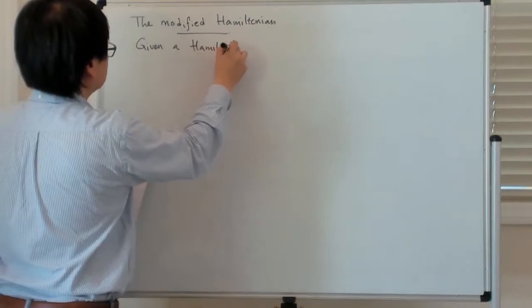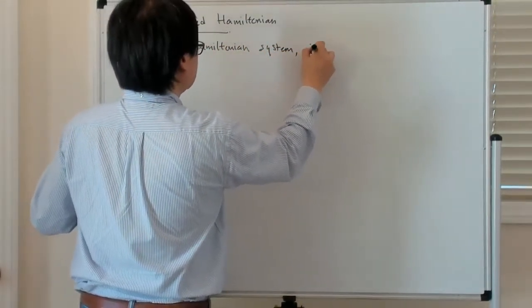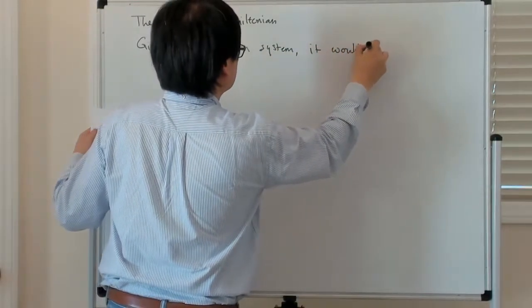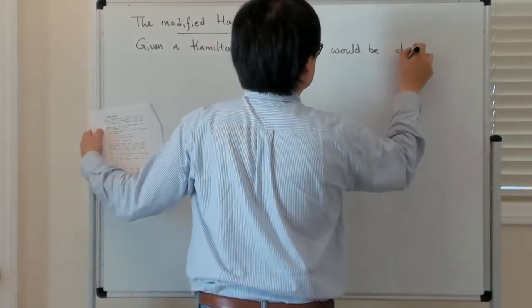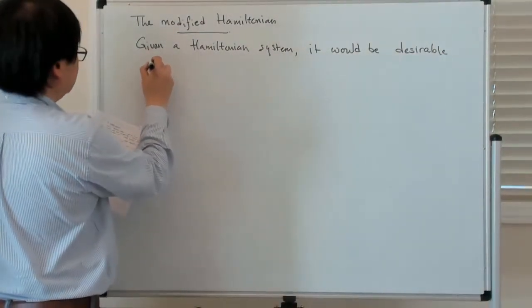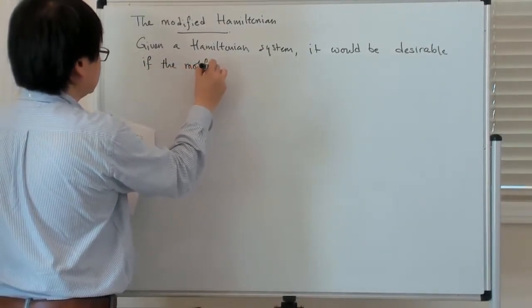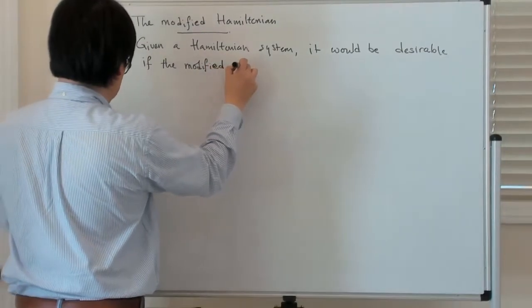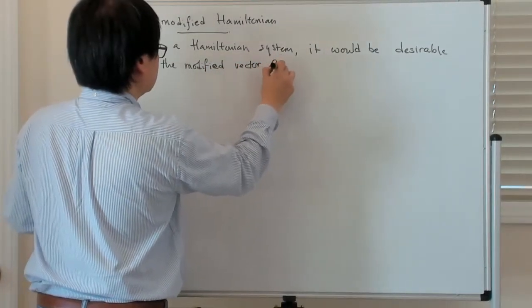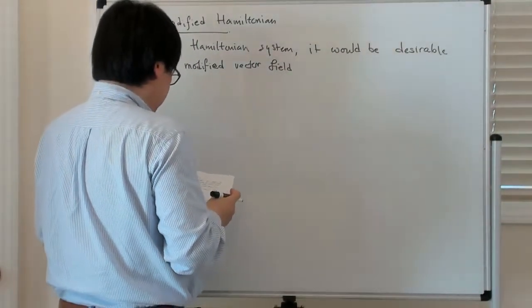So given a Hamiltonian system, it would be desirable if the modified vector field associated with a numerical method is also Hamiltonian.